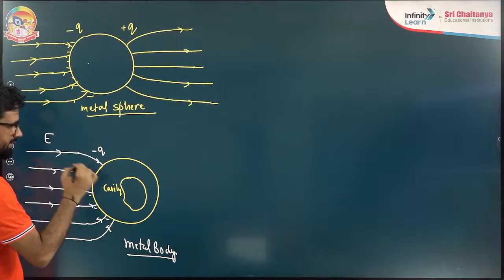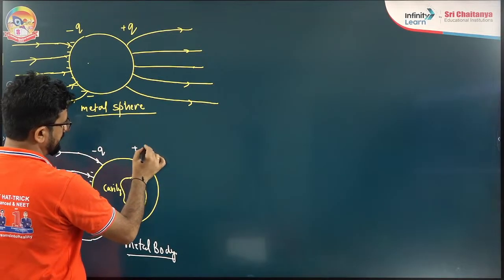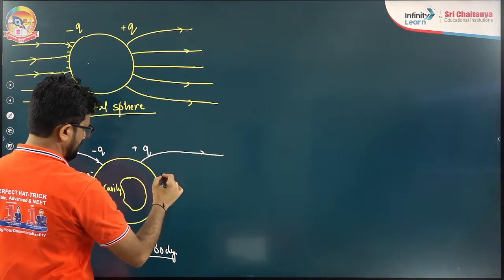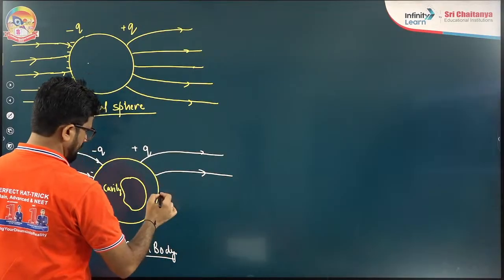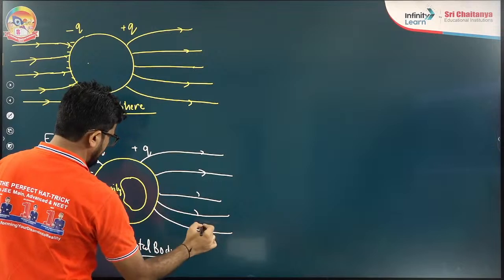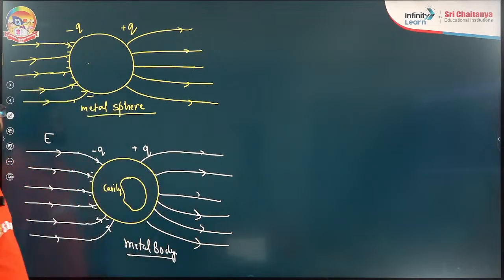If this is minus Q, then on this side plus Q will come. So again the field lines are going like this. This is the plus Q.